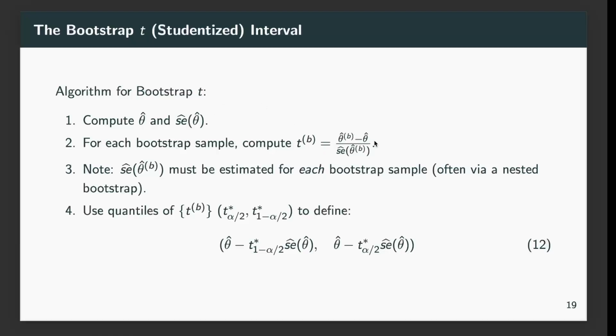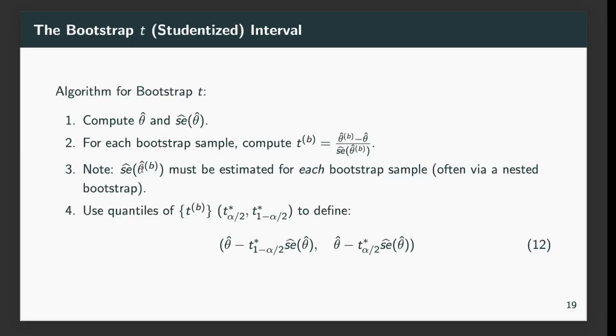And then step number 3 is where the complication happens. This estimated standard error of the θ̂* of b must be estimated for each bootstrap sample, which requires a nested bootstrap. For each of the B outer bootstrap samples, you run another inner bootstrap with, let's say, B2 replicates.